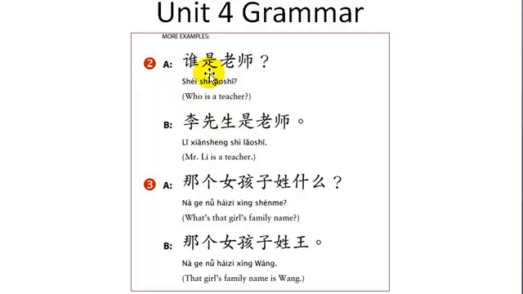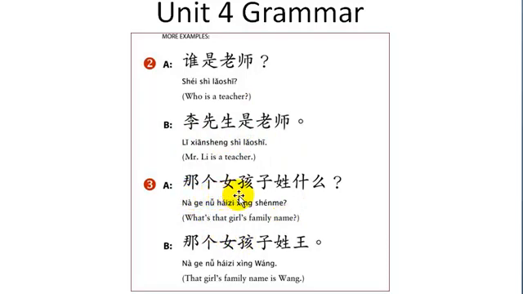So you'll notice that 是老师 is the same in the question and in the answer, everything's the same from the verb to the object. You just have the question word in front here, and then you put the answer where the question word was. 谁是老师? 李先生是老师.